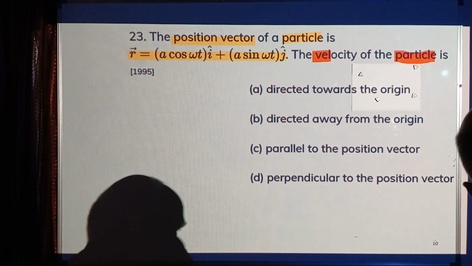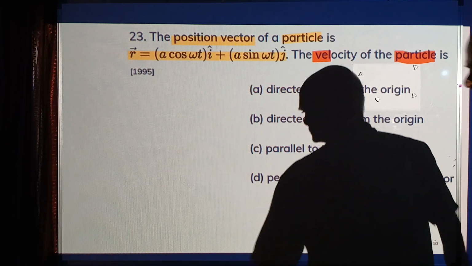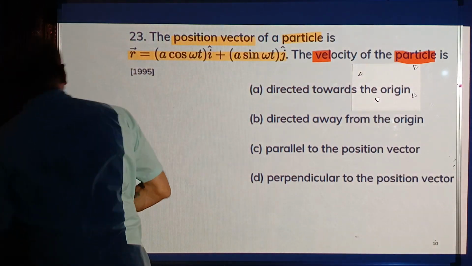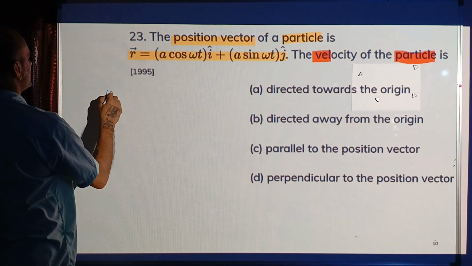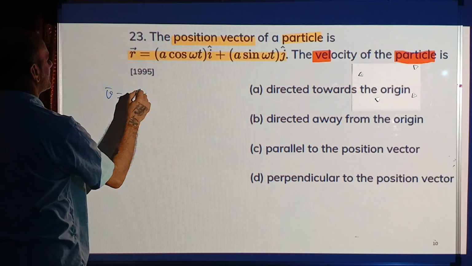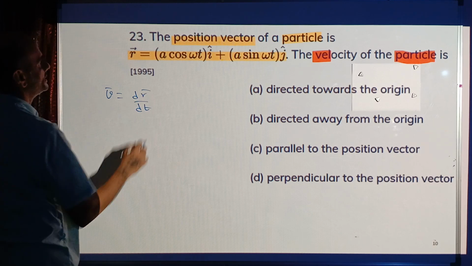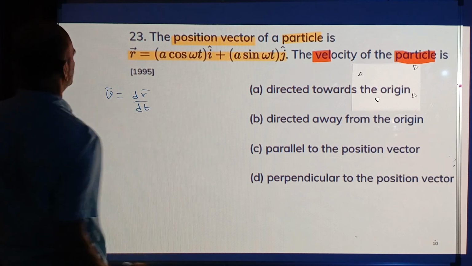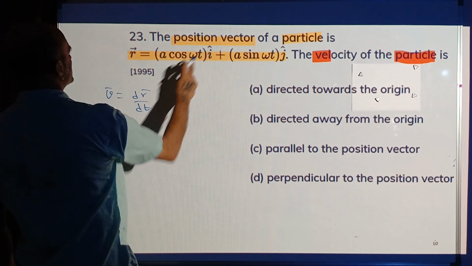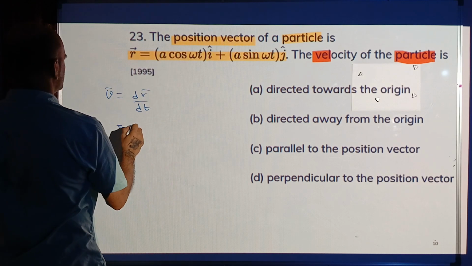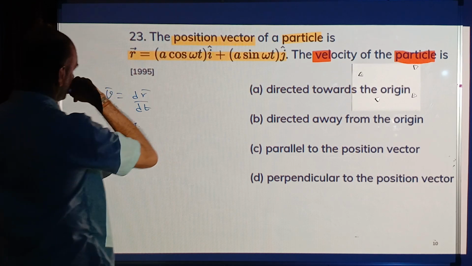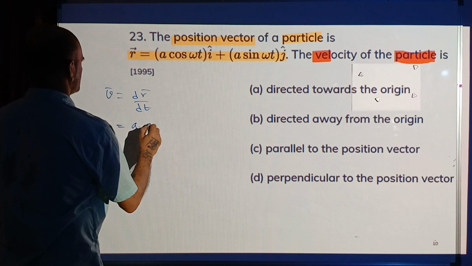So velocity, the basic definition is V equal to rate at which the displacement is changing. So V is dr by dt. So to differentiate this thing term by term, i is a constant vector, A is also constant. So A, derivative of cos is minus sine.